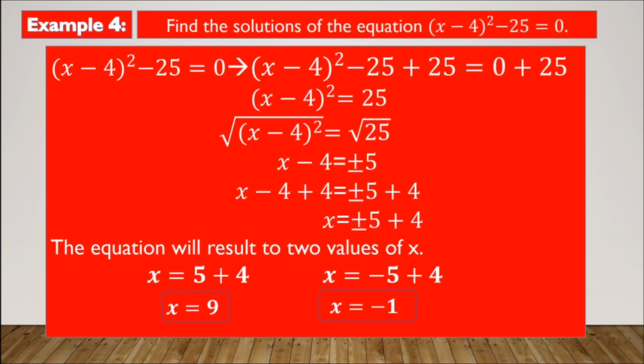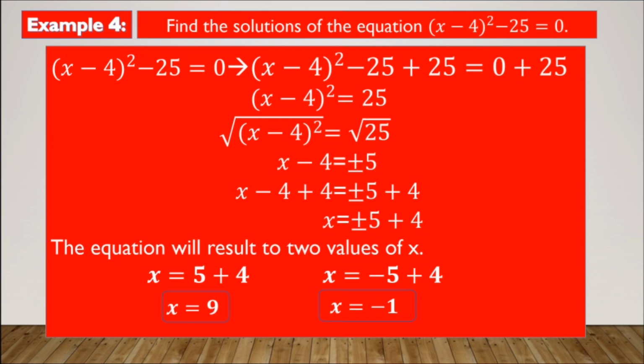So we have x minus 4 quantity squared minus 25 plus 25 is equal to 0 plus 25. So x minus 4 quantity squared is equal to 25. We can now extract the square roots of both sides. The square root of x minus 4 quantity squared is x minus 4, and the square root of 25 is positive and negative 5.